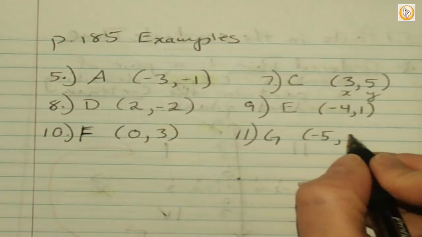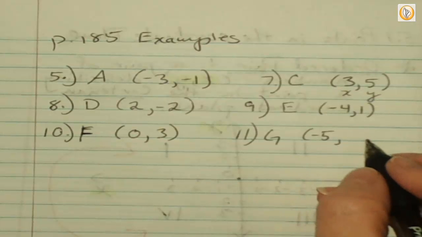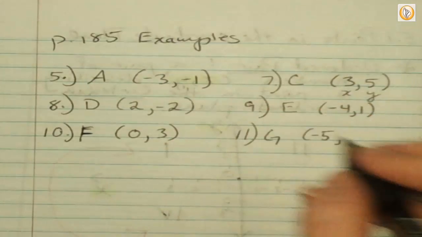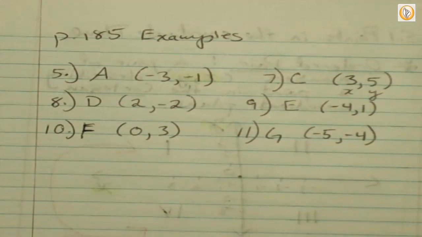Oh, -6 and -5. No, you had -5, correct. So you start at -1 and you go 1, 2, 3, 4, 5 to the left. Just count the squares. And then you don't count the one you're on. So you go down 1. There you go. Yeah, you're right. Good job.